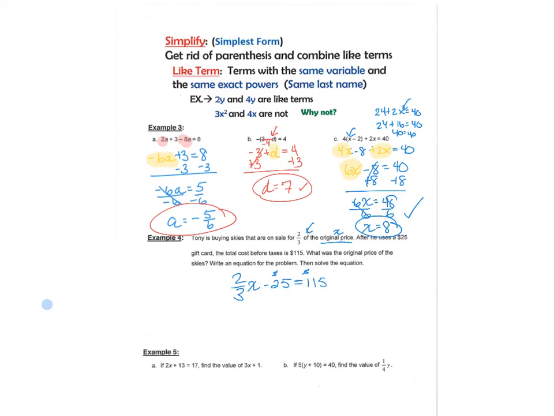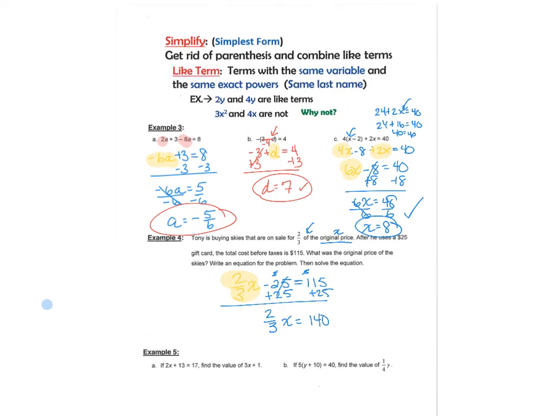Again, I'm going to highlight my coefficient and variable, and I need to get rid of that minus 25 first. So I'm going to add 25 to both sides, and I get 2/3 x is equal to, well, 115 plus 25 is, let's see, 25, 35, 40, 140.